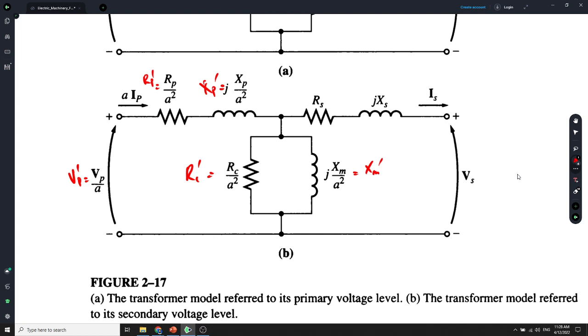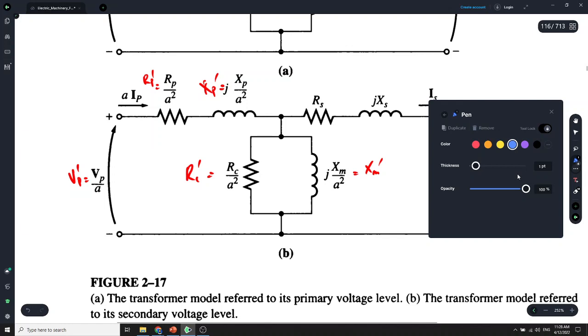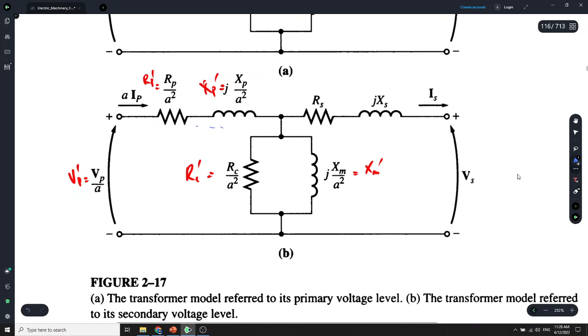Okay, so this is the way we convert from one side to the other side. However, this junction, this parallel part here at the center, makes it difficult to do the analysis.